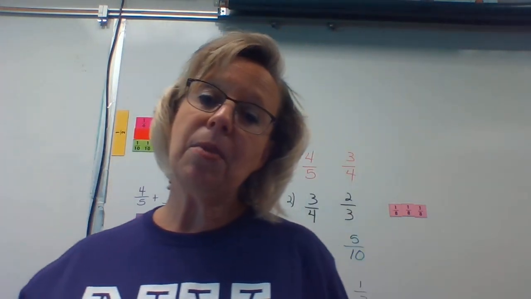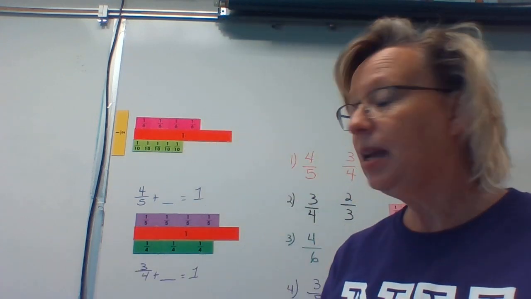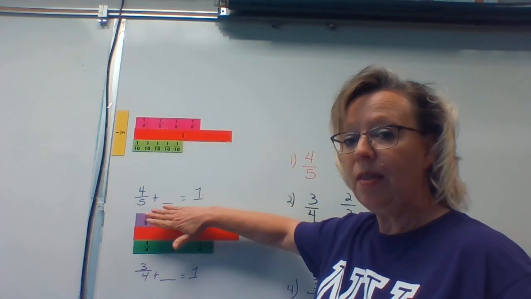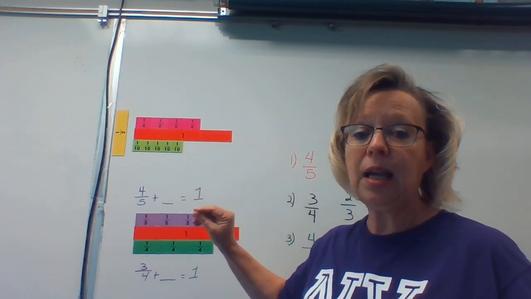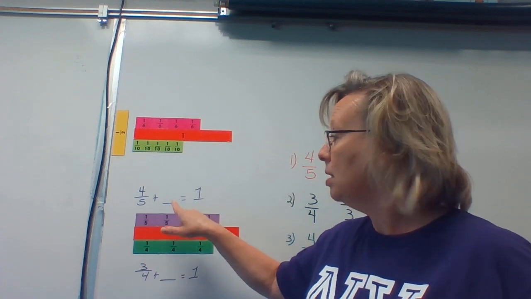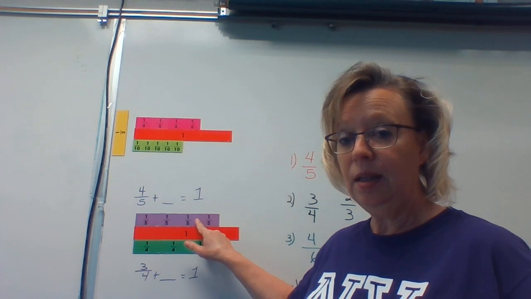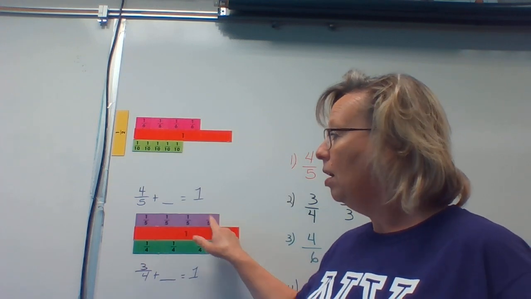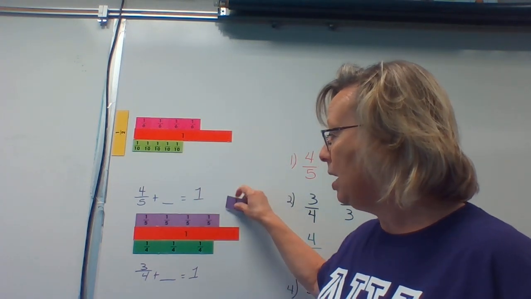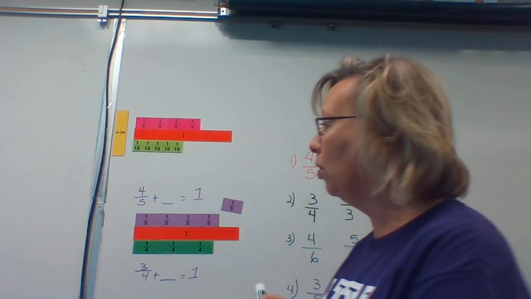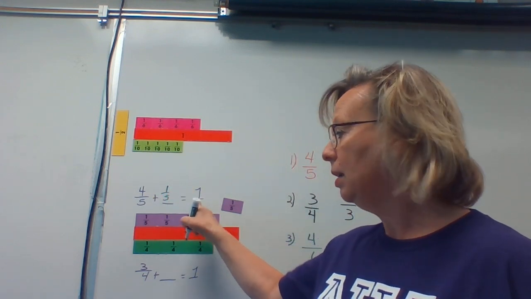So I have some equations on the board that we're going to start with to use as comparisons. And I want you to remember that a fraction is parts of a whole, and those fractions are divided into equal parts. So here, if I have 4 out of 5 parts out of one whole, what do I need to add to make the whole? I would need to add 1/5 more. So 4/5 plus 1/5 equals 1.